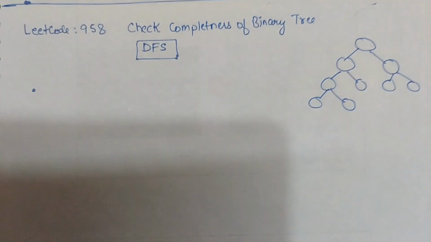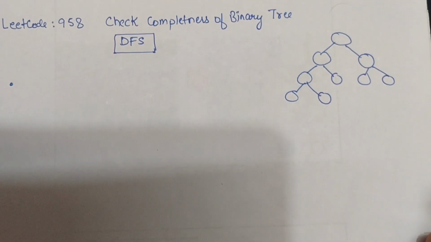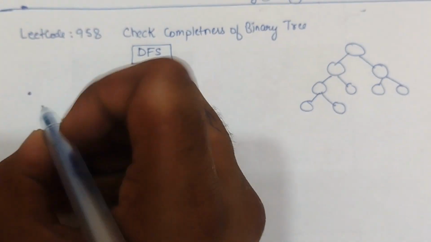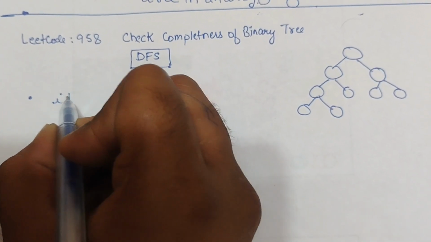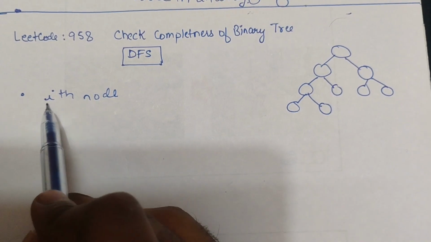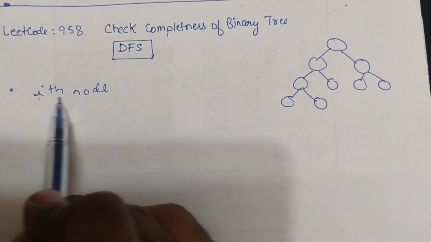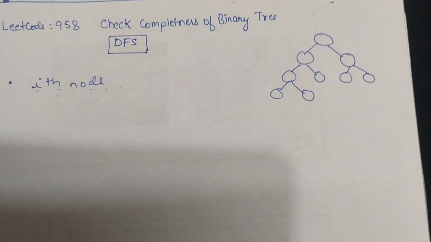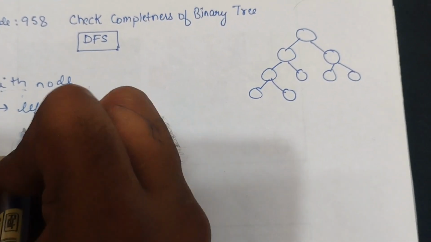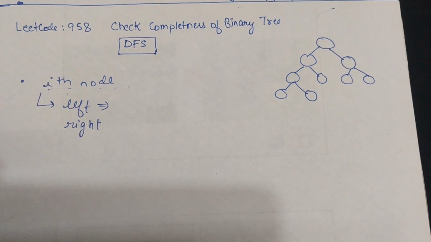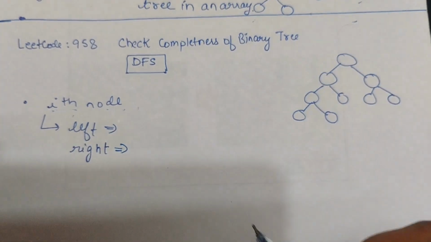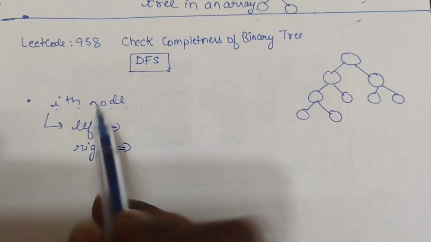So firstly, I'll ask: if I want to store a particular tree in an array, how can I store it? For a particular node, if I store that node at the ith index of an array, what position would its left and its right node be stored at?